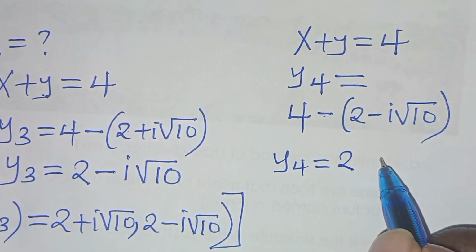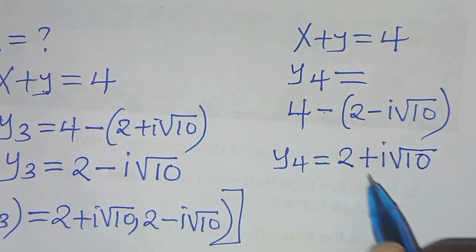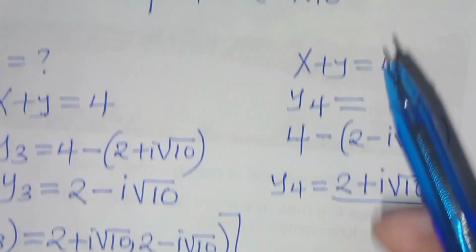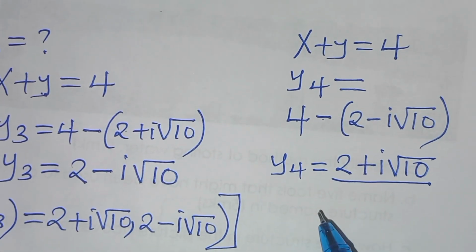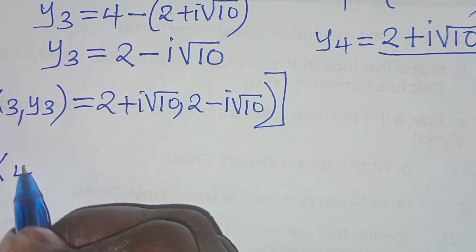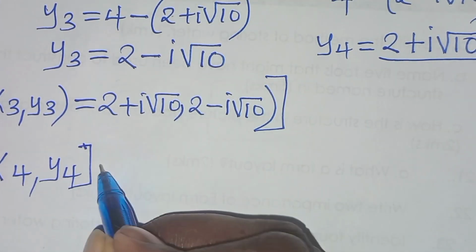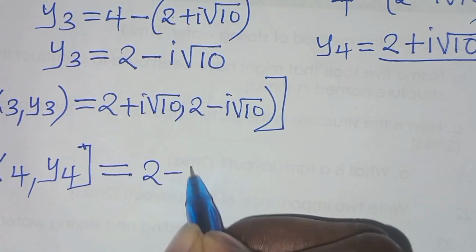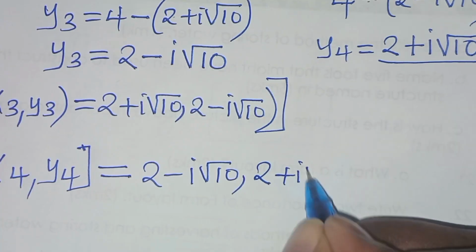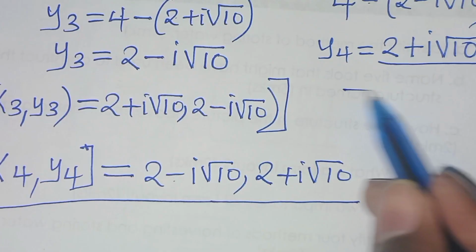Minus times minus i square root of 10 becomes plus i square root of 10. So we have x4 and we have y4. So this implies that we have the last set of solutions as x4, y4, and this is equal to 2 minus i square root of 10, and then 2 plus i square root of 10. So these are all the sets of solutions that we have.